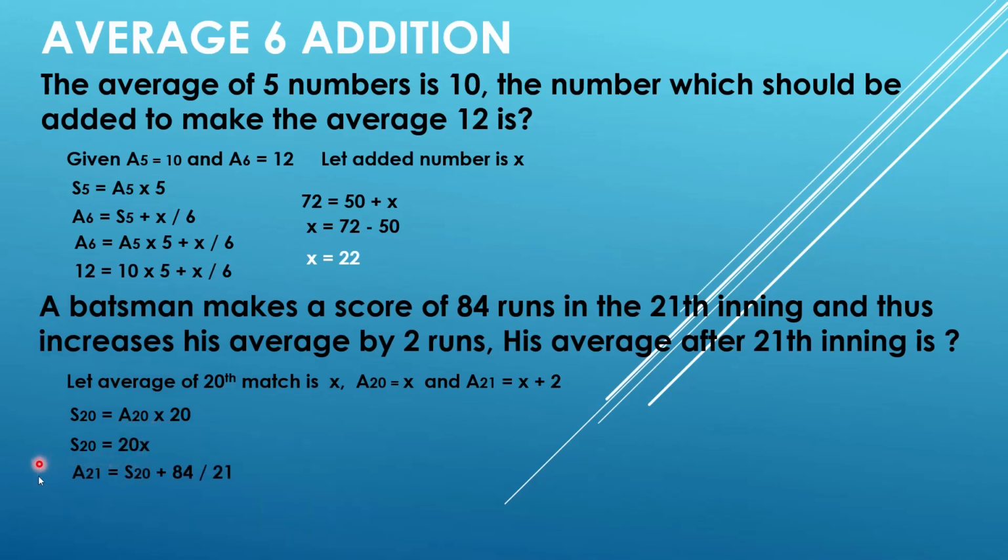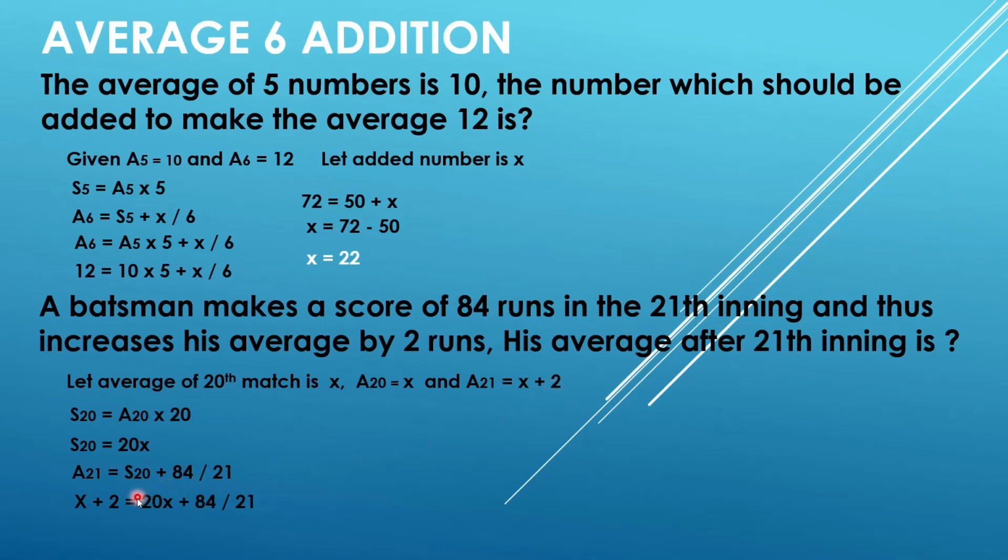Now we consider A21. A21 is S20, the sum of 20 numbers, plus 84, divided by 21, and that gives A21. But A21 they have given as x plus 2. So we put in these values: S20 is 20x, and A21 is x plus 2, where they made the average plus 2.